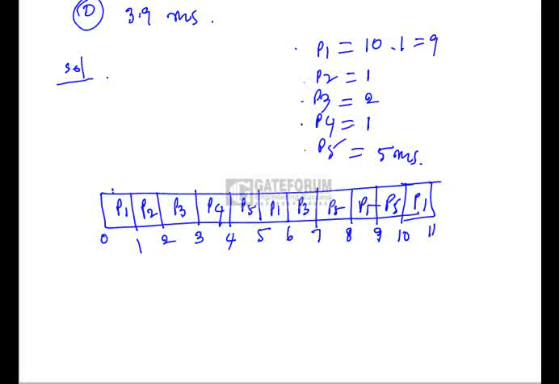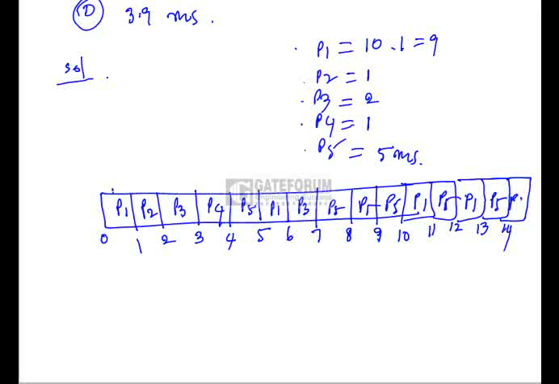Again P5 is up to 12. Now only P1 and P5 remain, all others are finished. After P5, we take P1 again, it will execute up to 13. Again P5 is up to 14. At 14, P5 is finished.